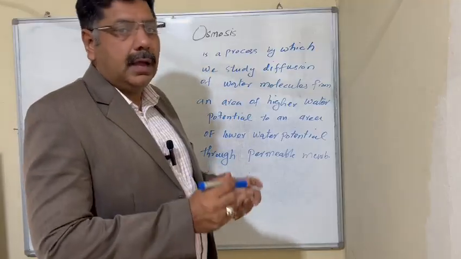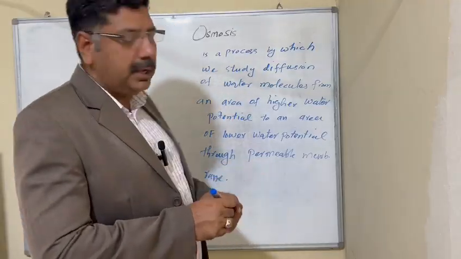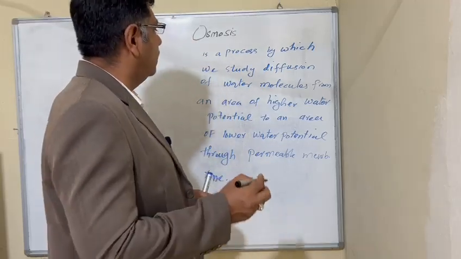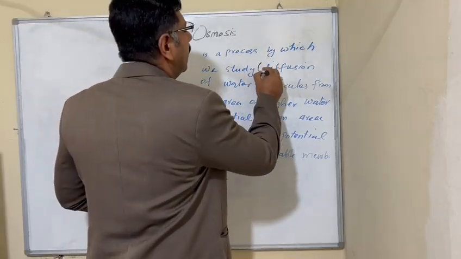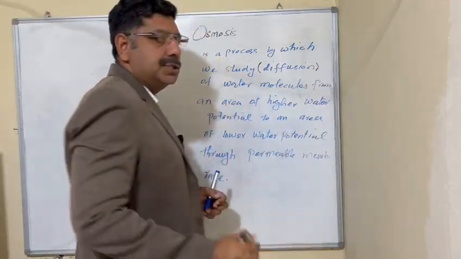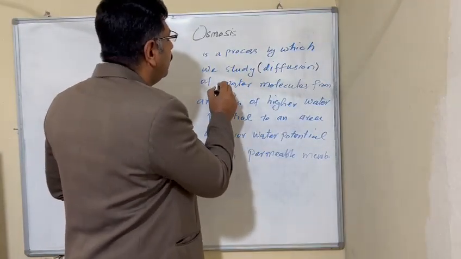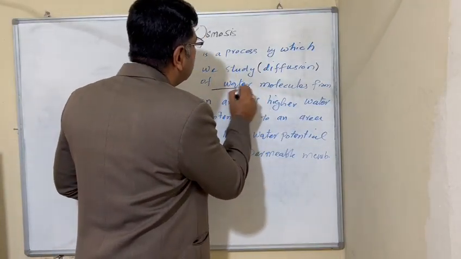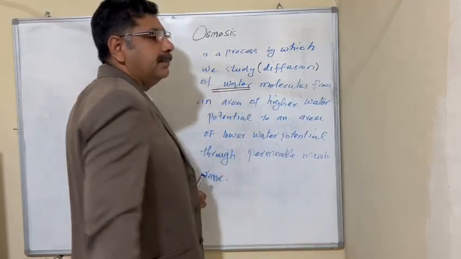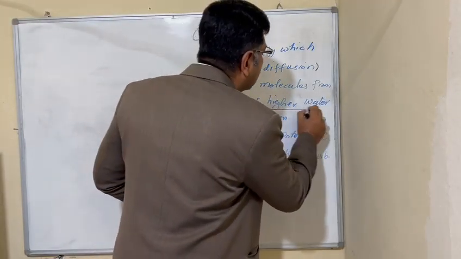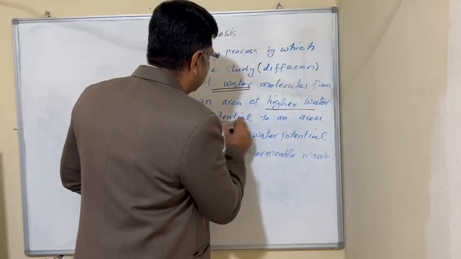Through a permeable membrane, we have 2-3 things to discuss. Number one, it's a kind of diffusion. Number two, diffusion of water molecules from an area of higher water potential.